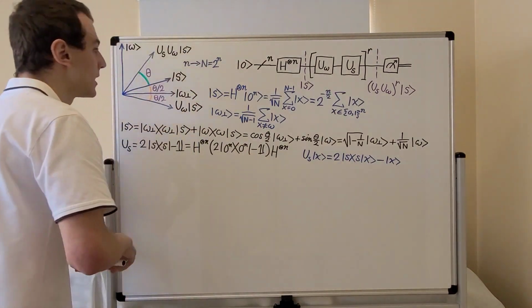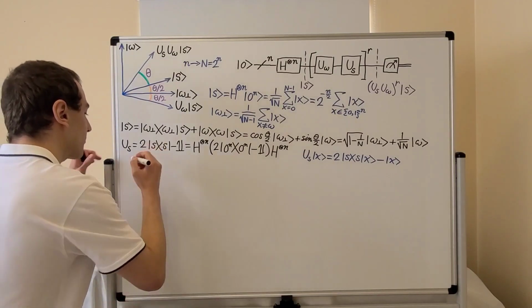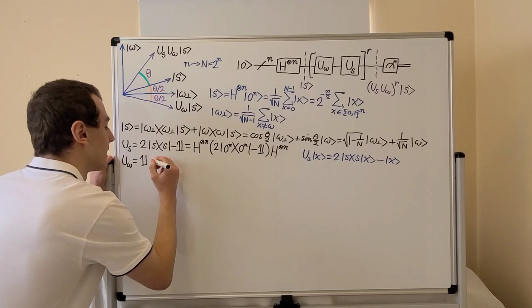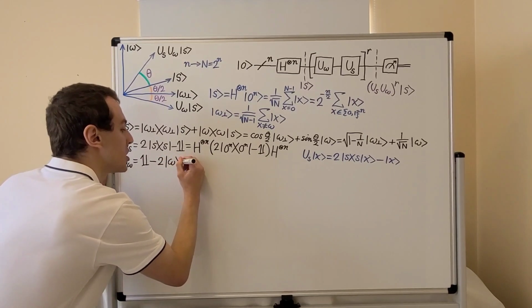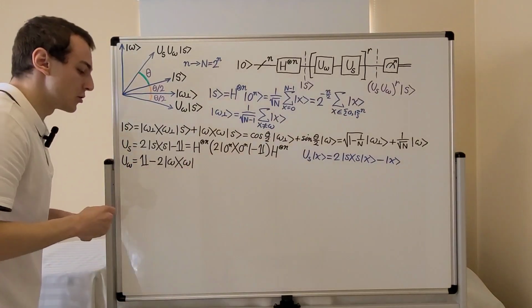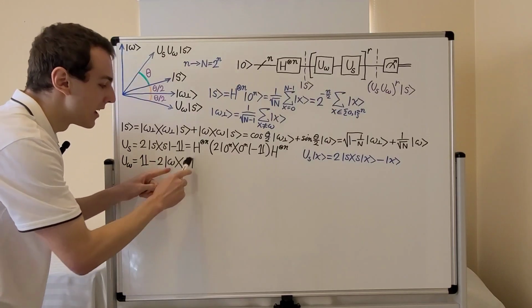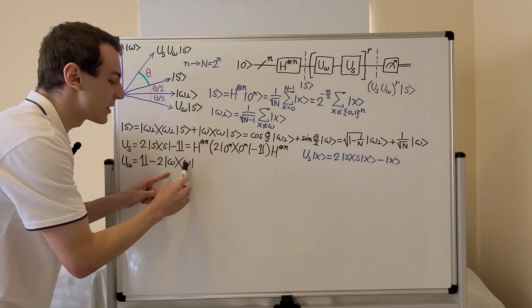So now let's have a look at U sub omega. So U sub omega can be defined as the identity operator minus 2 times the projector formed with the state omega. So what does this do? Well, it's the identity minus this state over here, this projector. So it flips the sign just for this state.